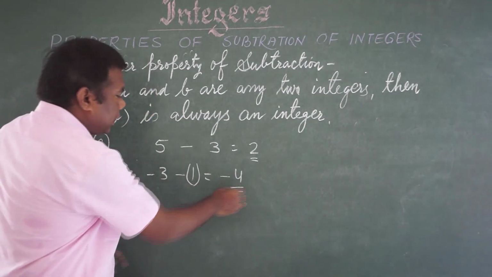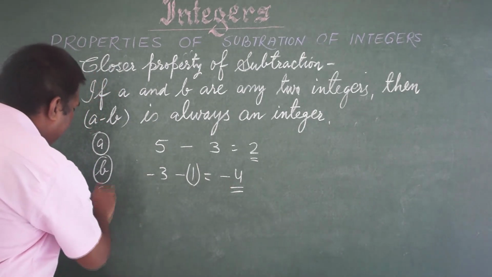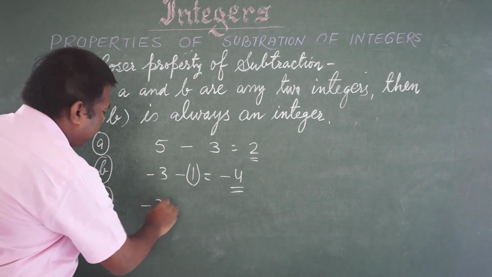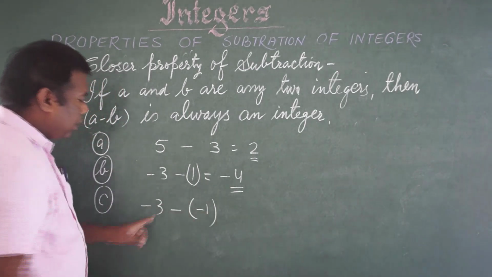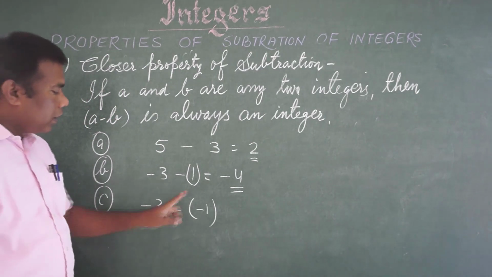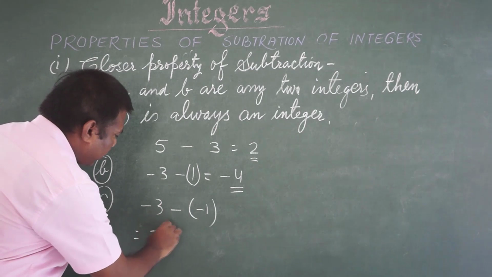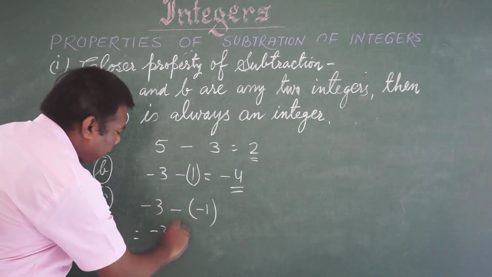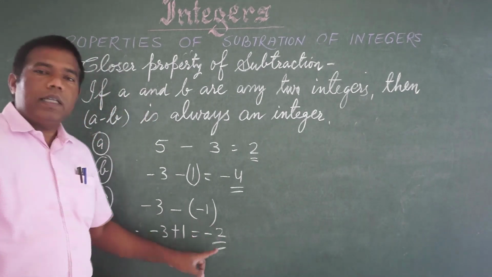Again, this is an integer. Or suppose any other example, minus 3, you are subtracting minus 1. Minus 3 minus minus 1, minus into minus plus, so plus 1, and that is equal to minus 2. So again this is an integer.